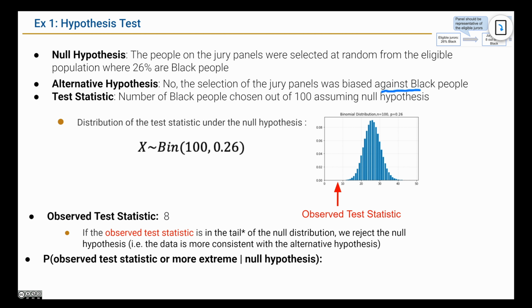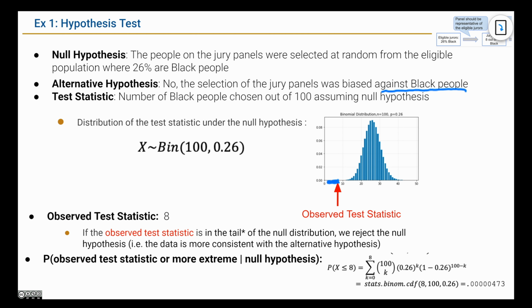Our alternative says the selection is biased against Black people, so I want the probability that X is less than or equal to 8. You can't even see it on this plot. It's such a tiny number, which makes my null look ridiculous. The probability of seeing this result is very unlikely if this were the true null distribution.